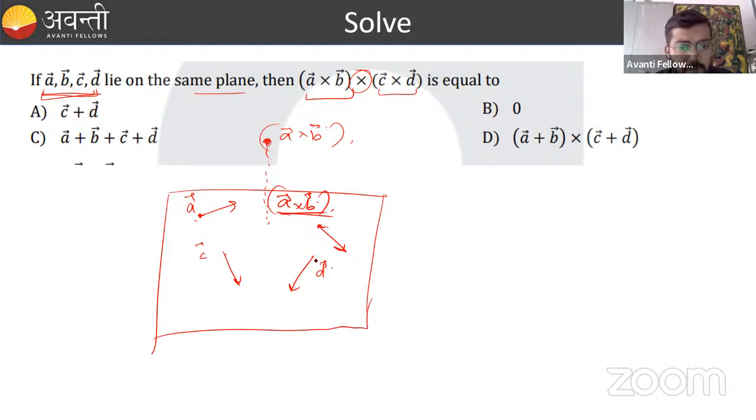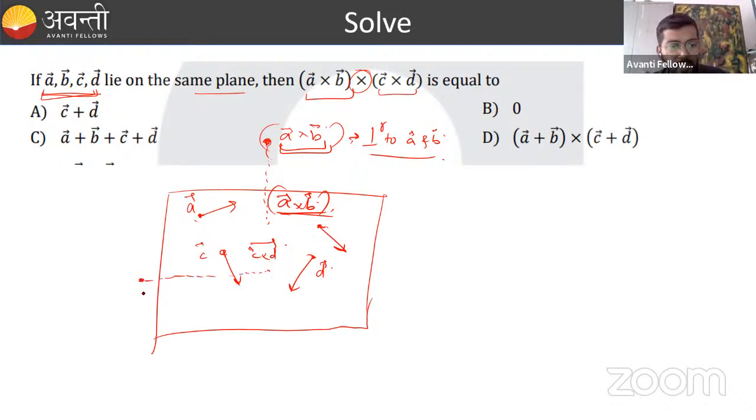Now C bar cross D bar. Let's call this A bar cross B bar. We know that A bar cross B bar is perpendicular to both A bar and B bar, right? Now for C bar cross D bar, let's make another dotted line, and this is like a perpendicular vector, right?